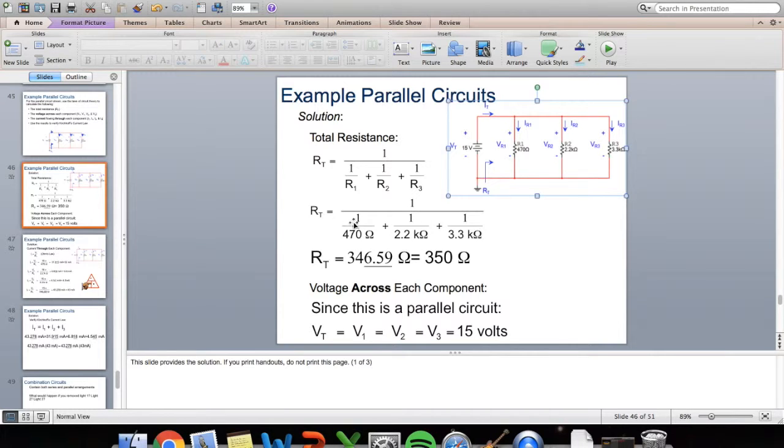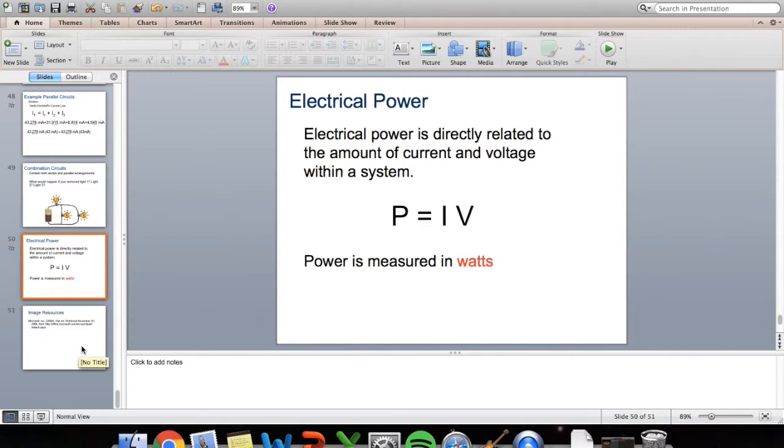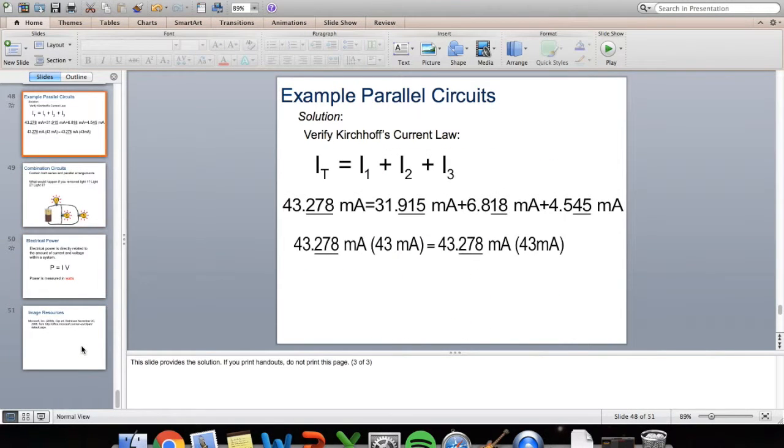You take the inverse of each of the resistances, then you add them all up, then you take the inverse of the whole number. So fear not, we're going to do an example right here.